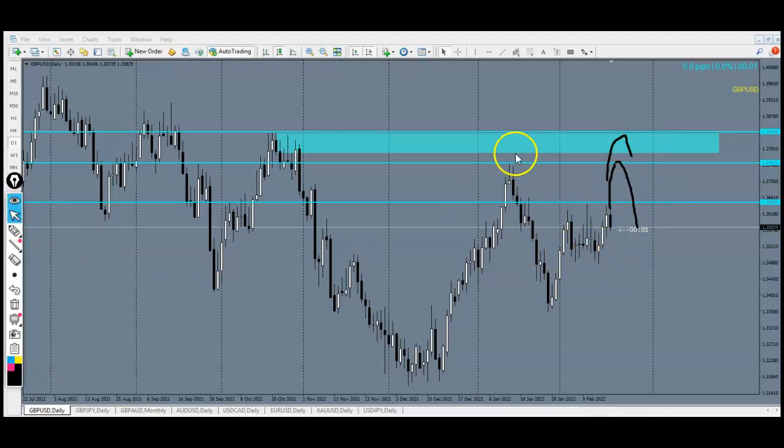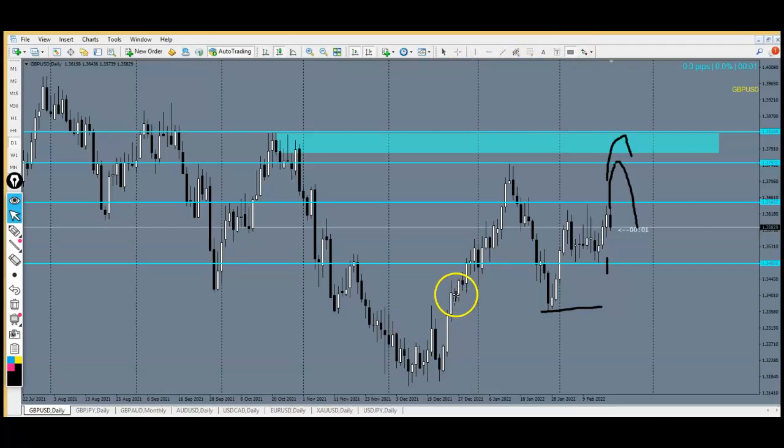Alternatively, if it comes to the low, I'll be looking to buy at these lows here to go up, except if I then get a strong bearish candle down here, then I'll be looking for buys at this demand zone here. Let's draw out that zone and see what it looks like.